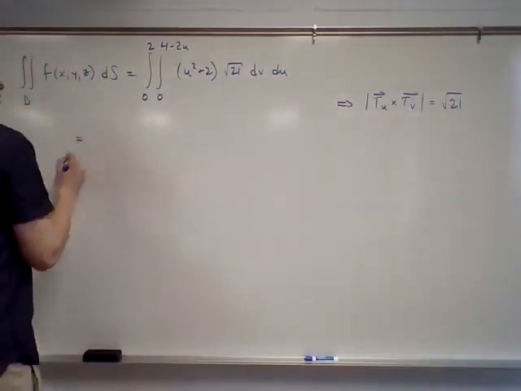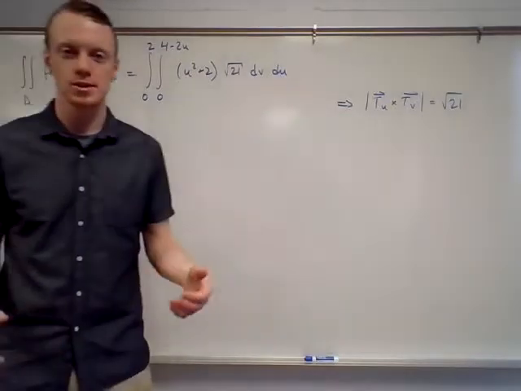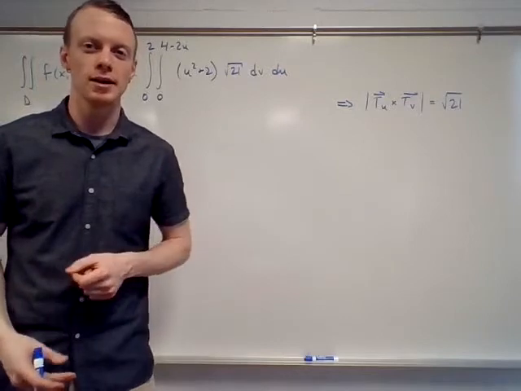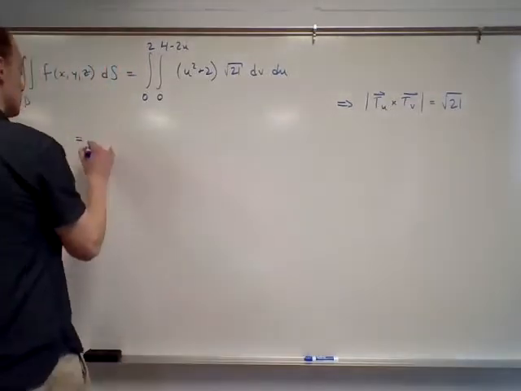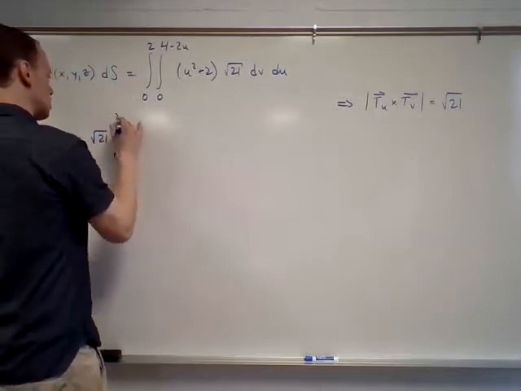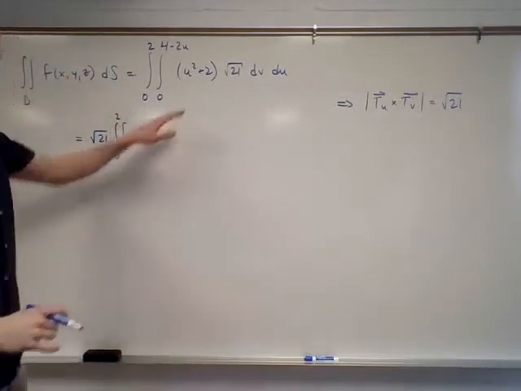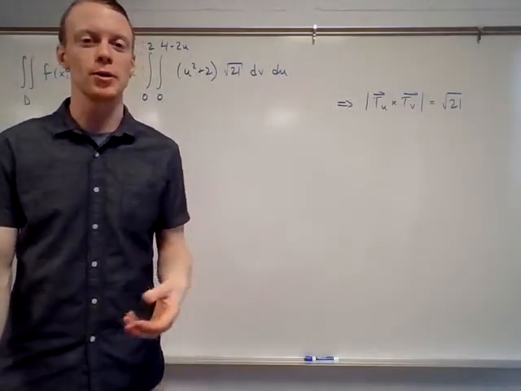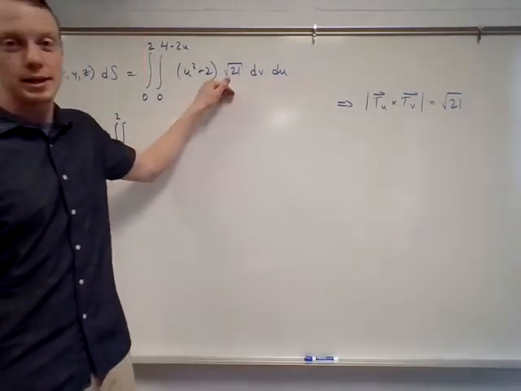Again, we have to make sure that we integrate with respect to v first because of our bounds here. So this is now just a straightforward integrate away. I'm going to pull that square root of 21 outside of my double integral. And notice that when I integrate with respect to v, there's no v showing up. So this whole thing is just a big constant.